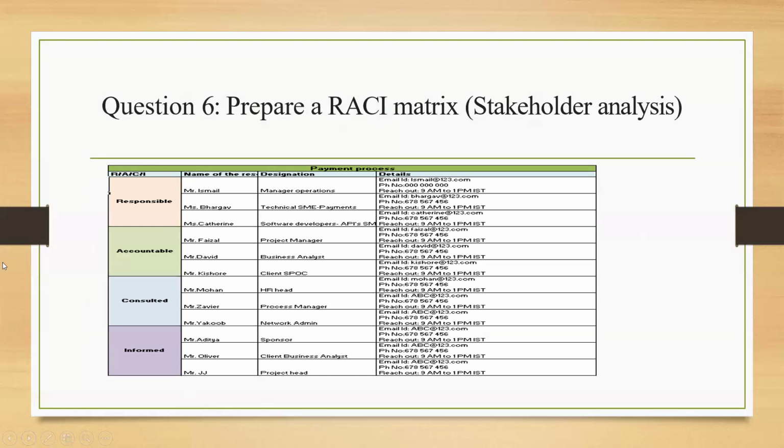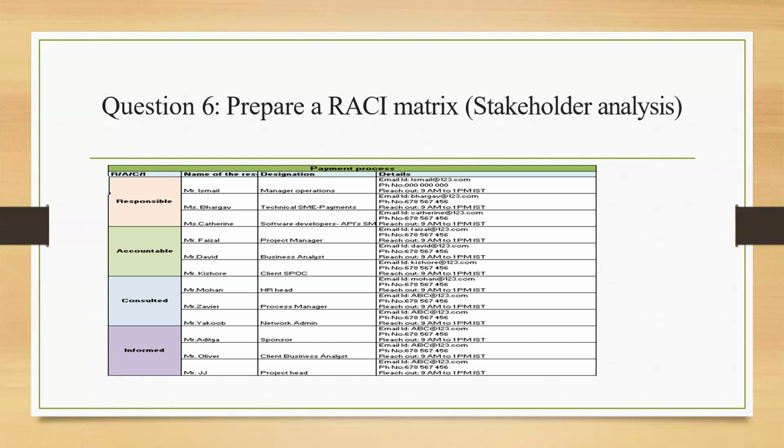Then the next question is about a RACI matrix. Okay. So what is a RACI matrix? The acronym stands for responsible, accountable, consulted, and informed. The RACI matrix is also called a stakeholder analysis. We use this matrix to identify the roles and responsibilities.